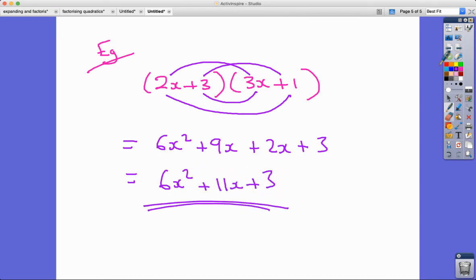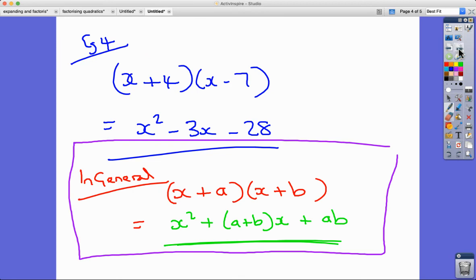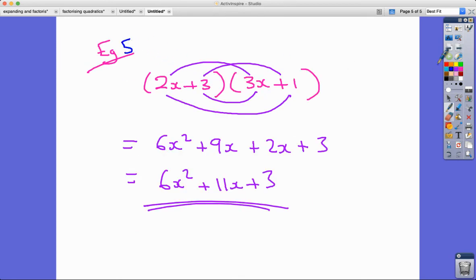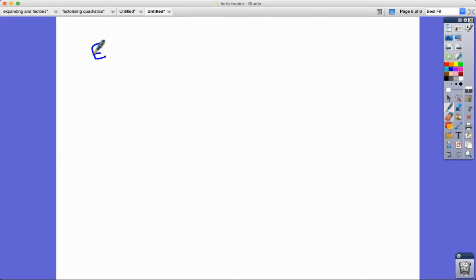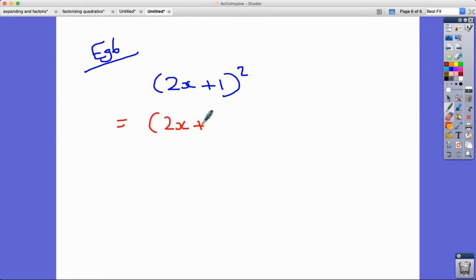Another variation that you might encounter, example 6 now, is something like 2x plus 1 all squared. That's testing your understanding of what squaring means. Squaring means that we're going to multiply something by itself. So really what's happening here is this.